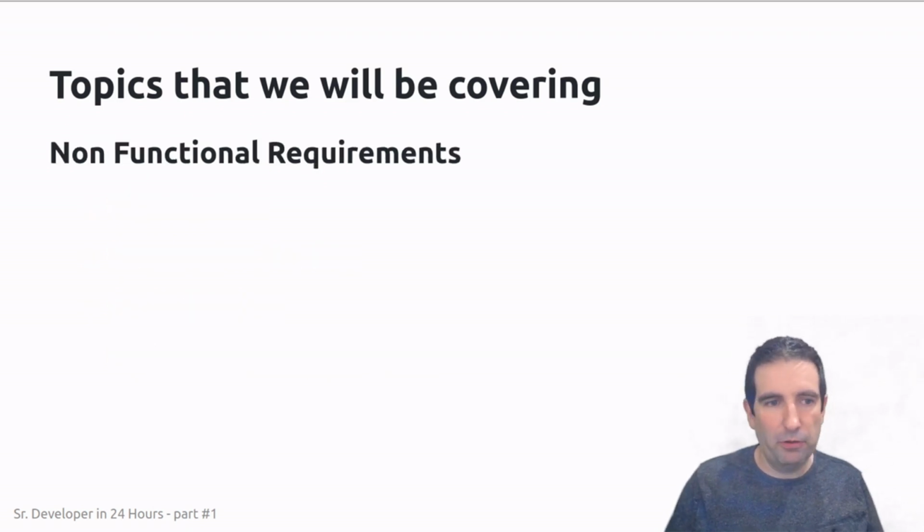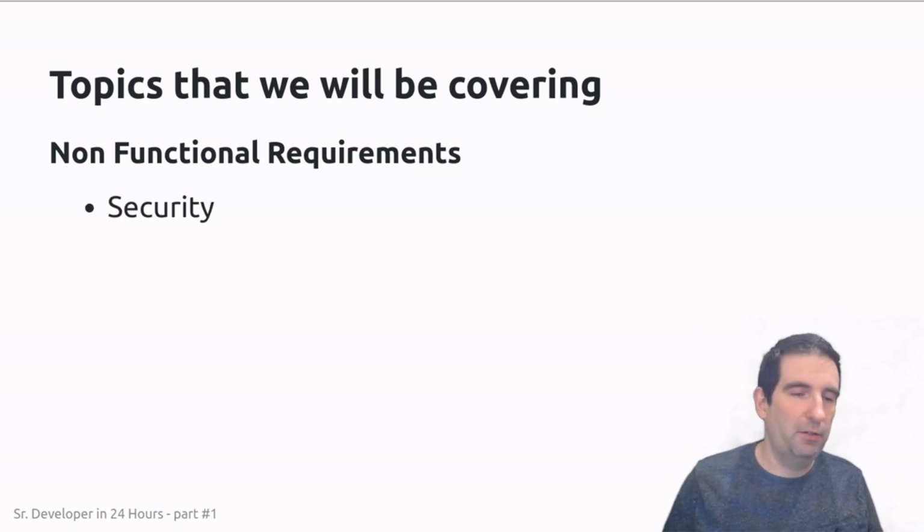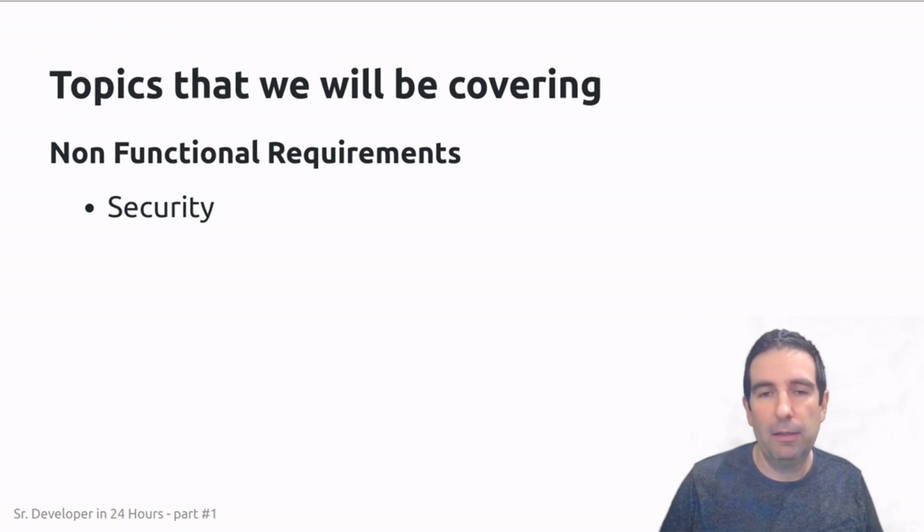Okay, we're also going to be going very deeply into non-functional requirements. Basically, it's everything that happens around the actual functionality that the user is trying to perform. For example, how secure is it? Sure, the software works, but does it work in a secure manner?